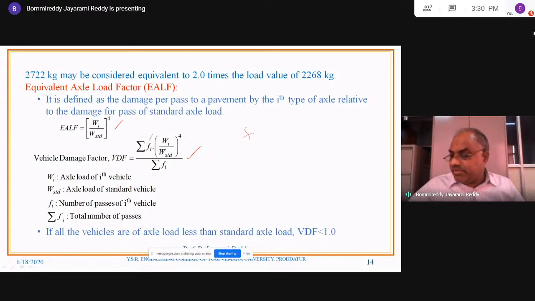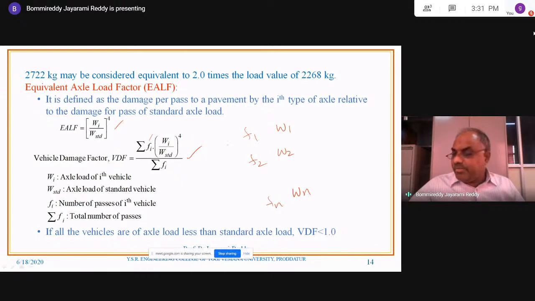So you can write F1, W1, F2, W2, and so on up to Fn, Wn. That means W1 is the weight of 100 vehicles, W2 is the weight of 45 vehicles, and Wn is the weight of 58 vehicles.